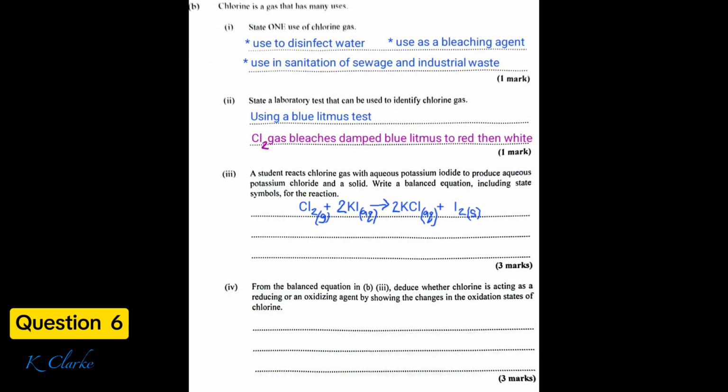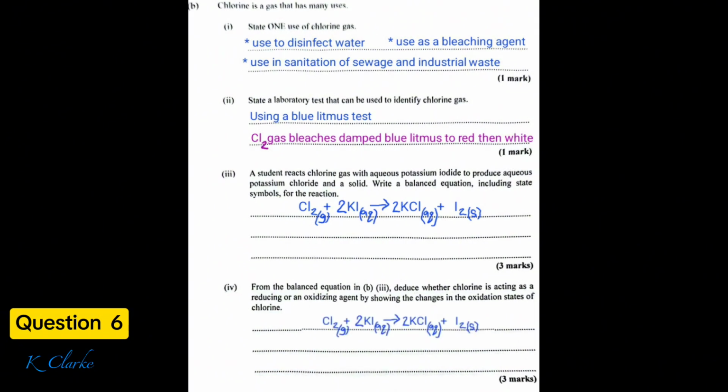Part 4. From the balanced equation in B part 3, deduce whether chlorine is acting as a reducing or an oxidizing agent by showing the changes in the oxidation states of chlorine. We will be using the rules to determine the oxidation number for chlorine on both the reactant and the product side. Since chlorine on the reactant side is in its elemental or free state, the oxidation number is 0.